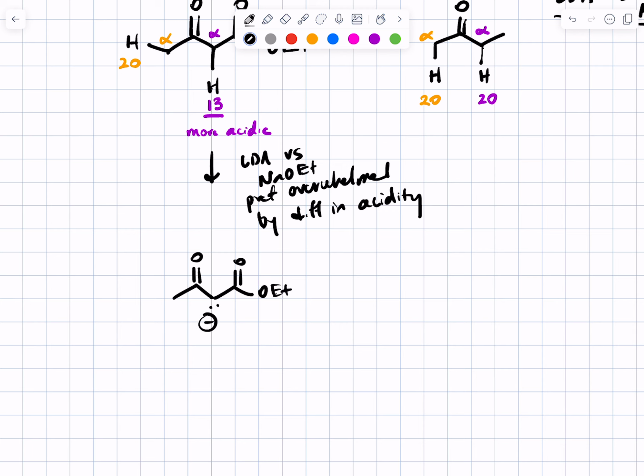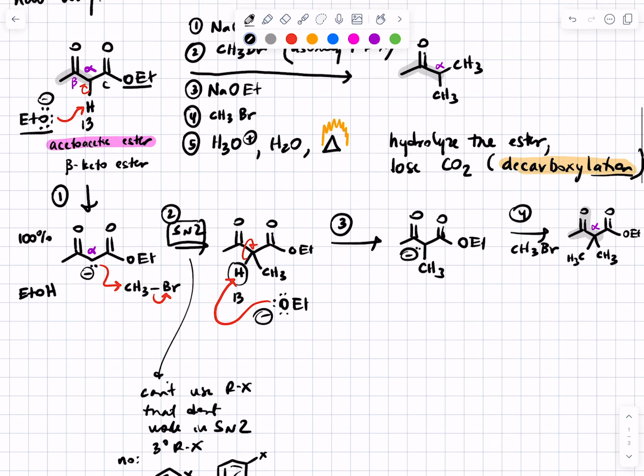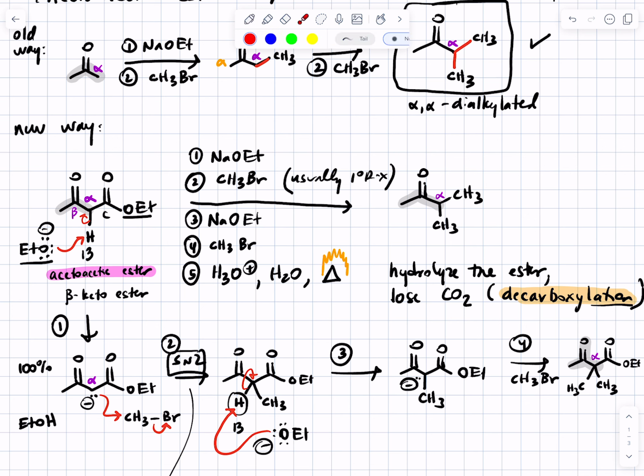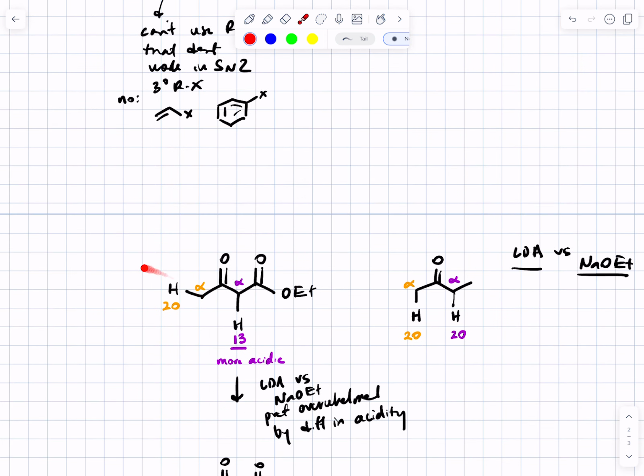Okay? Because of that, it would actually be pointless and way too expensive to ever use LDA up here in this acetoacetic ester synthesis, because you can do the job with a much cheaper base, and LDA is only ever going to remove that proton anyway. Now, if you wanted to put other groups out here, I will show you how to do that, but that will probably take till chapter 18.